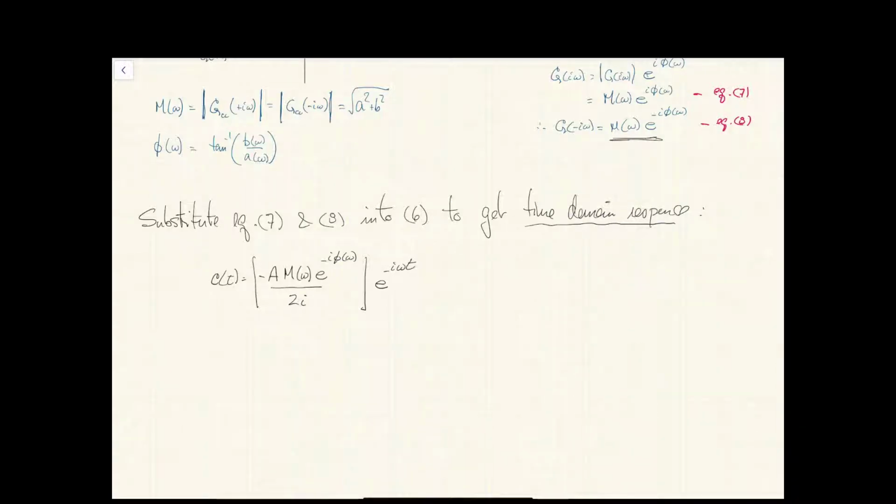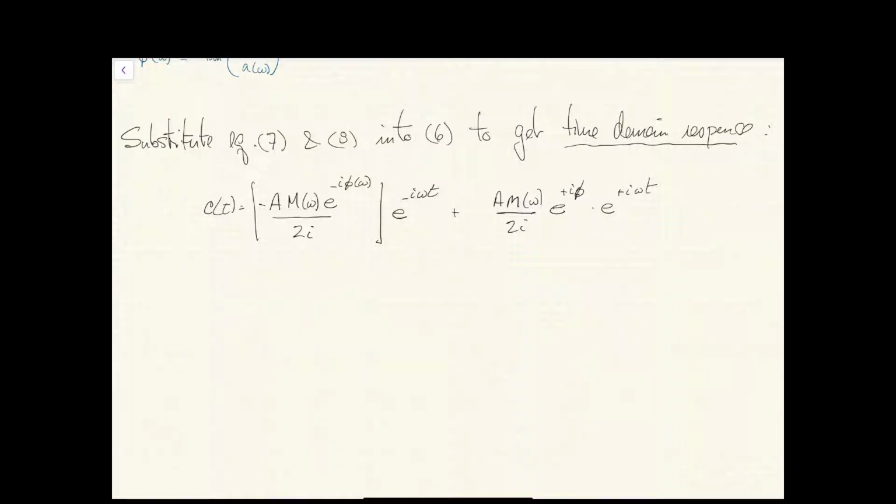Now you see what's going to happen, right? I'm going to multiply the two e's together, and so therefore their exponents are going to add to each other. Similarly, for the other term, it's going to be a times m omega divided by 2I, e to the plus I phi times e to the plus I omega t. Okay, I'm going through the algebra fairly slowly here so as not to skip a step.